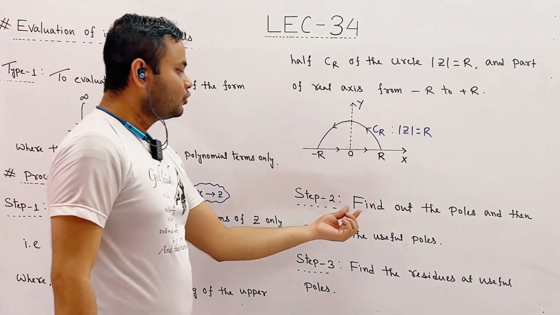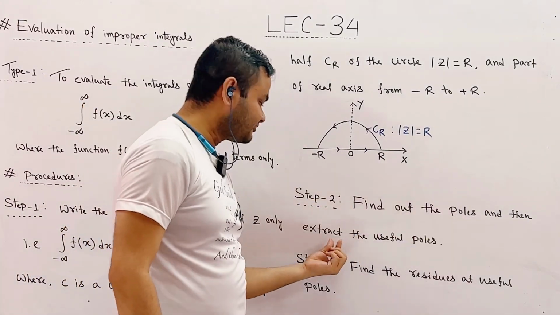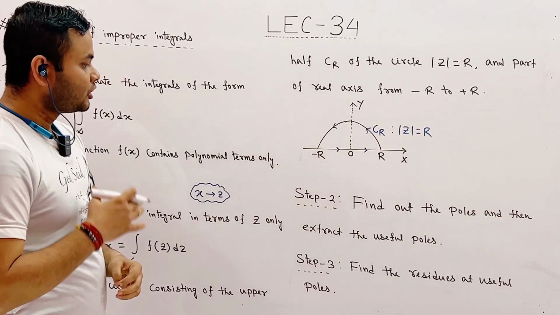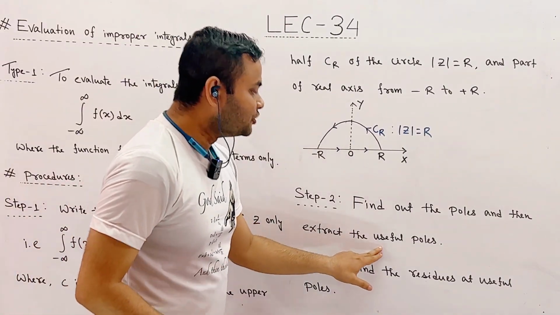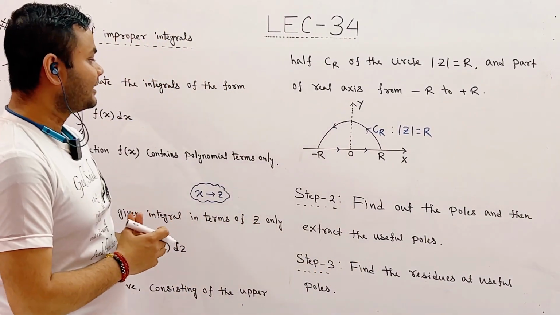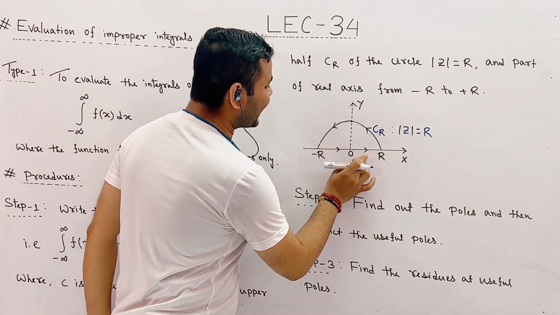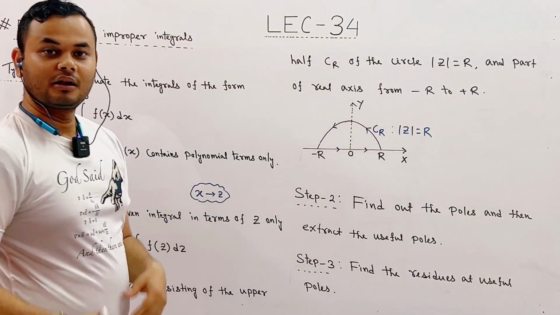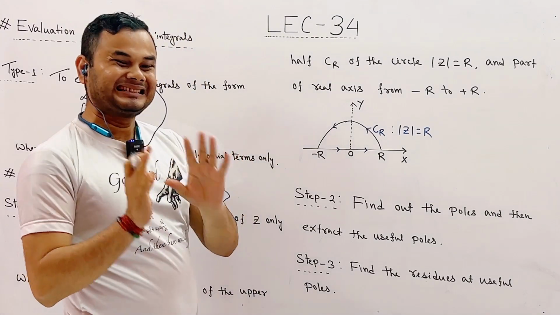Next, move to step number 2. According to step number 2, we have to find out the poles and then extract the useful poles. Students, here the useful poles are the poles that are lying on the real axis and the upper half of the circle. For example, we have a total of 6 poles.